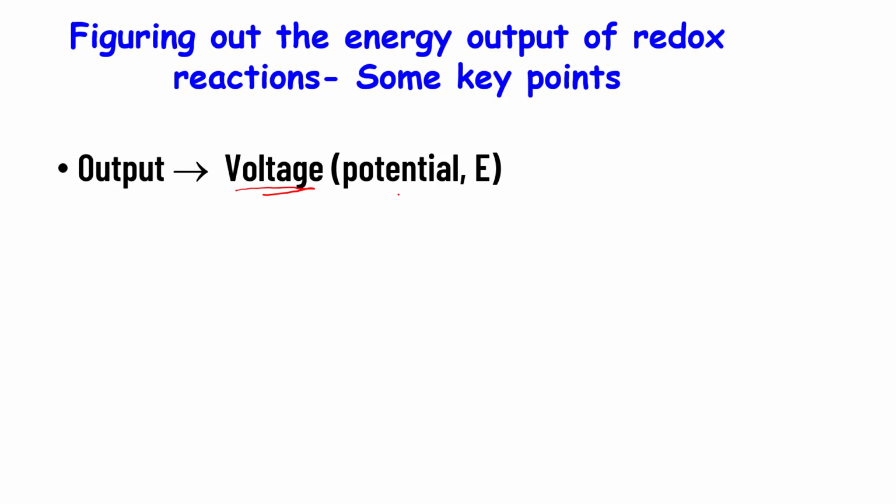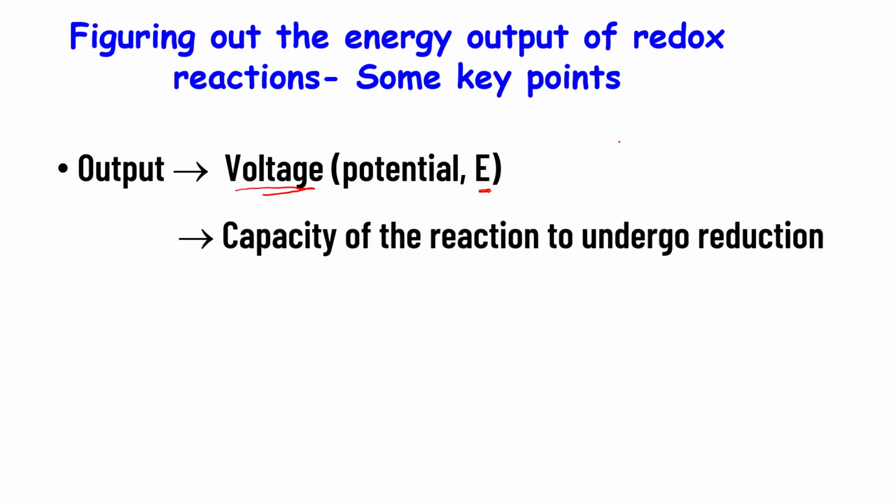If you've taken some high school physics, you will remember that voltage is commonly referred to as potential, and it's typically indicated with the letter E. So we're going to use the same convention. We're going to call these outputs potentials, and use the letter E to indicate those values.